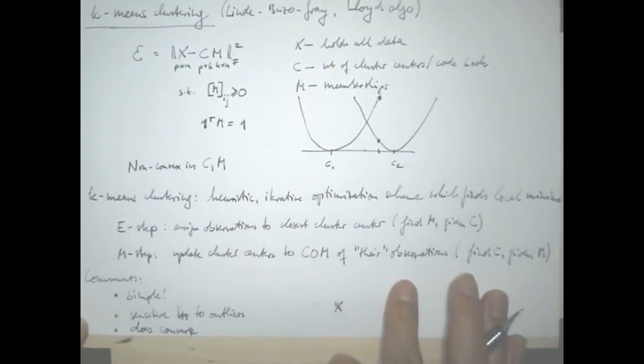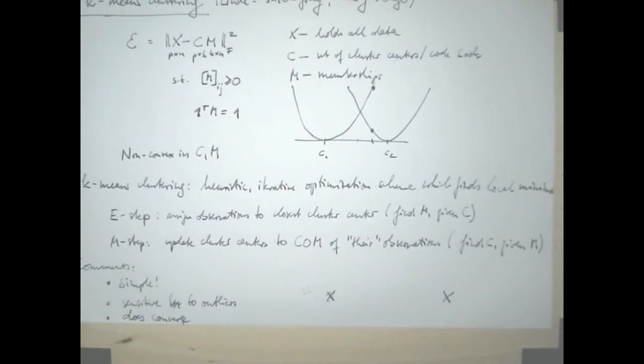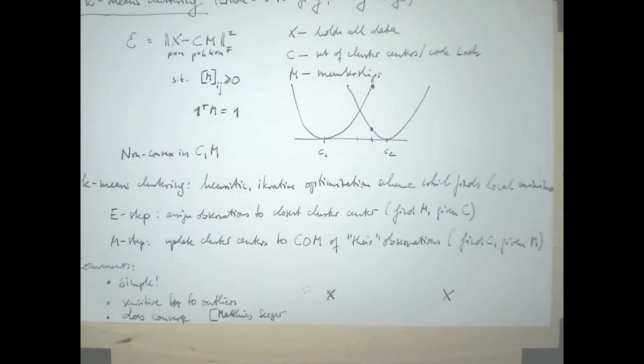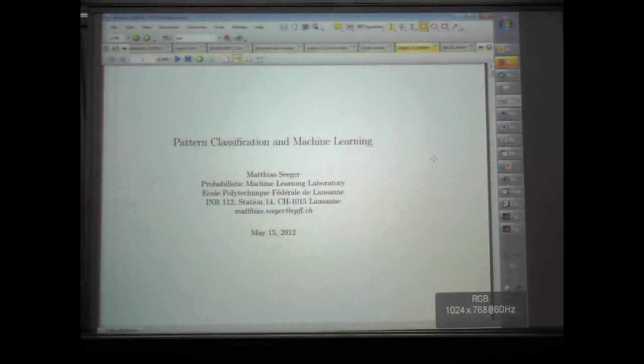And by the way, I found a nice script by Matthias Seeger. Let me look up the name. His course is called Pattern Classification and Machine Learning, and this script is the one that comes closest to this lecture of everything that I've seen.